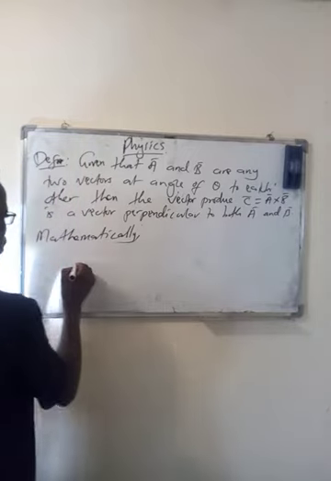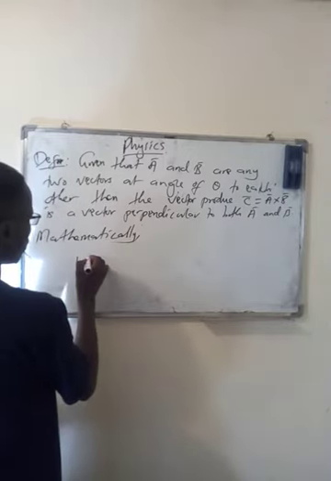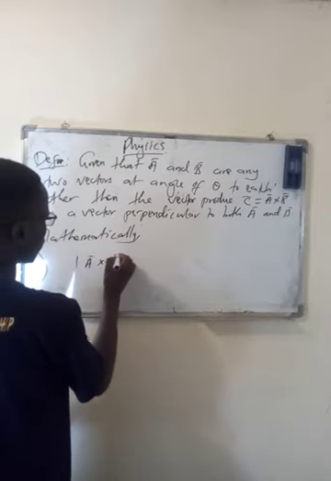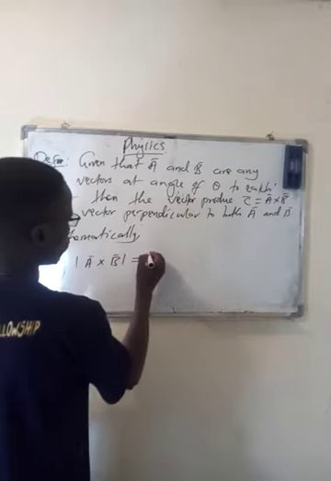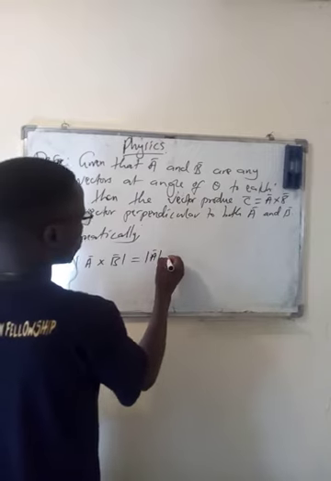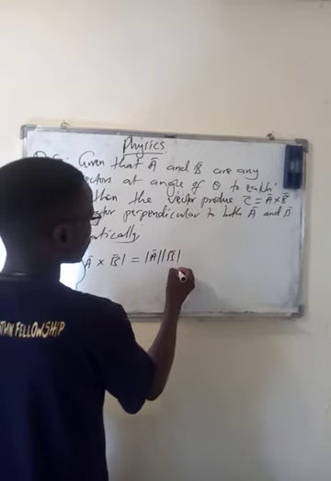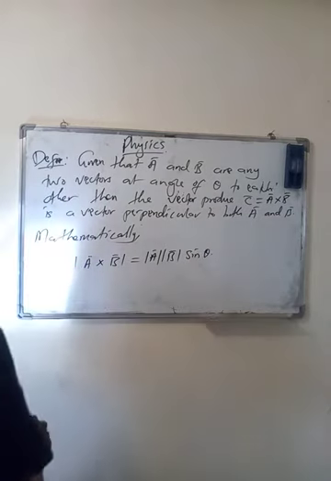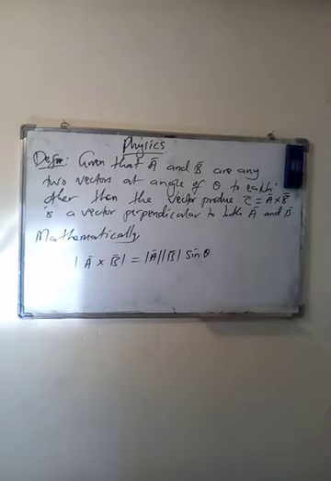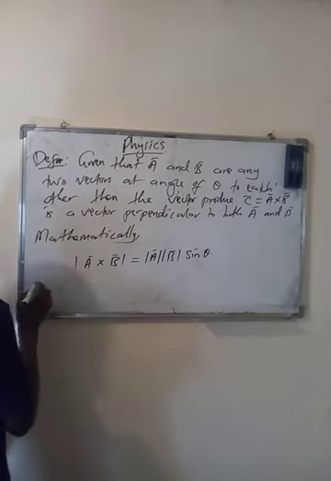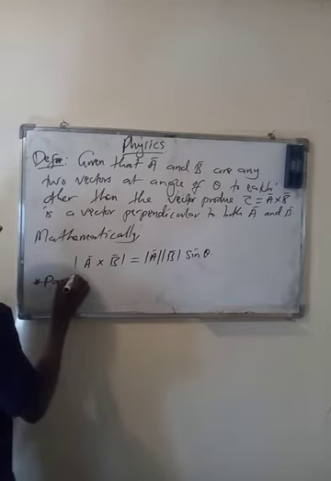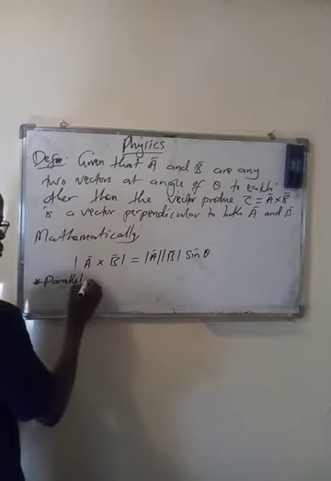We say that the magnitude of A by B is equal to magnitude of A, magnitude of B, sine theta. Now, I want us to look at a situation where we have parallel unit vectors.